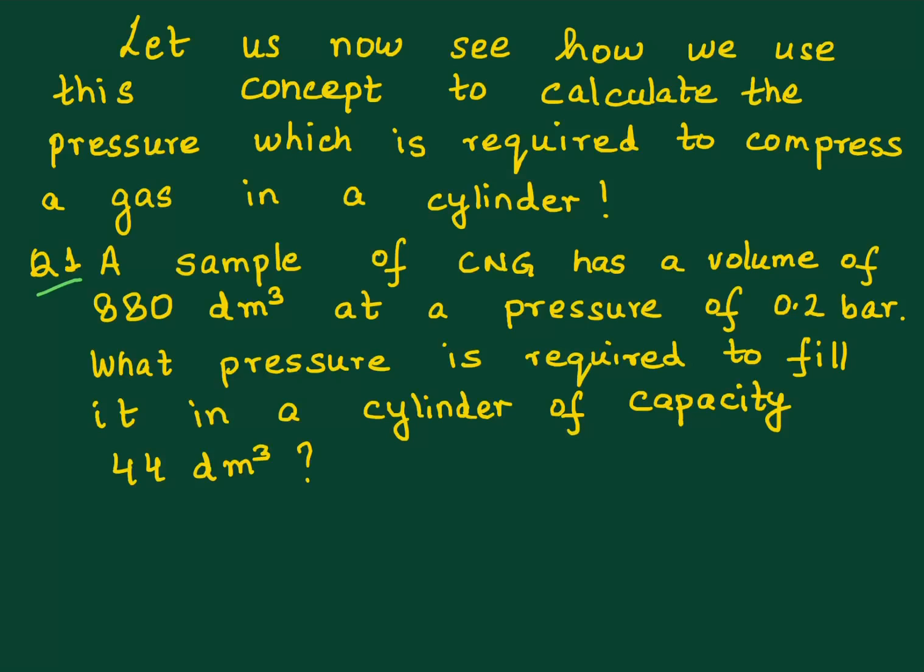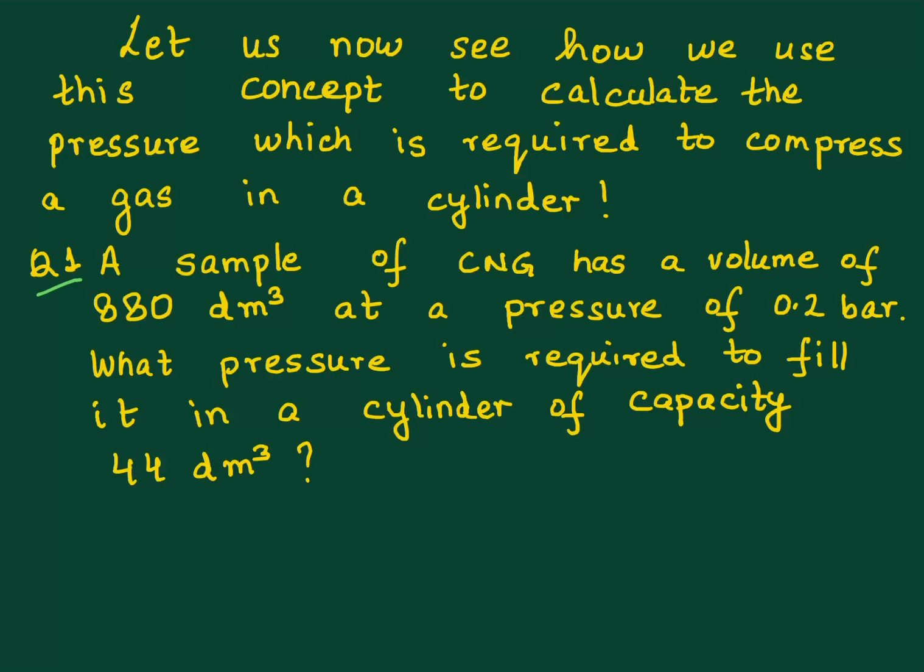It says, a sample of CNG has a volume of 880 decimeter cube at a pressure of 0.2 bar. By the way, these values are all hypothetical. I've just framed this question to give you practice. That doesn't mean that practically you'll get these values only. What pressure is required to fill it in a cylinder of capacity 44 decimeter cube? Come on, give it a try. Try this question yourself.